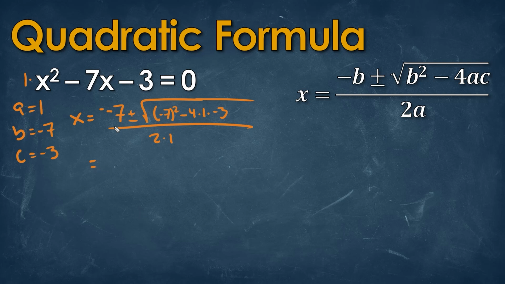Simplify this out, negative times a negative will be a positive 7, plus or minus the square root of 49 plus 12, since negative 4 times 1 times negative 3 will give us positive 12, all over 2.